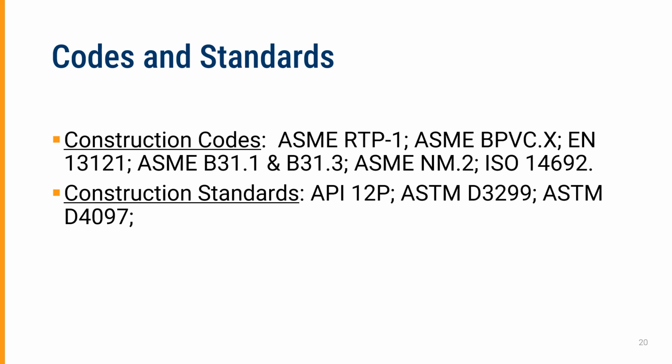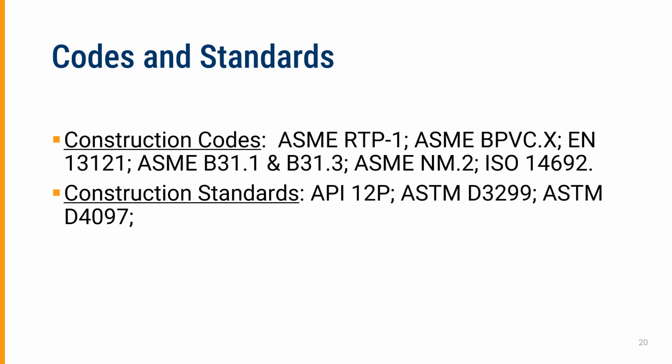ASME B31.1 and B31.3 are the most common piping codes. ASME NM.2 is a relatively new introduction piping code, but it's very good. And ISO 14692 for pressure piping.